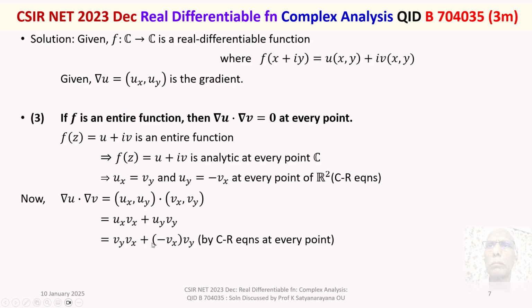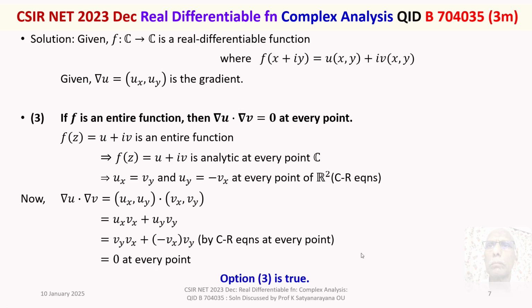So, they cancel and we get 0, and we have used the Cauchy-Riemann equations there. Thus, del u dot del v is 0 at every point. Thus, when f is an entire function, grad u dot grad v is 0 at every point. Yes, this is true. So, option 3 is true.